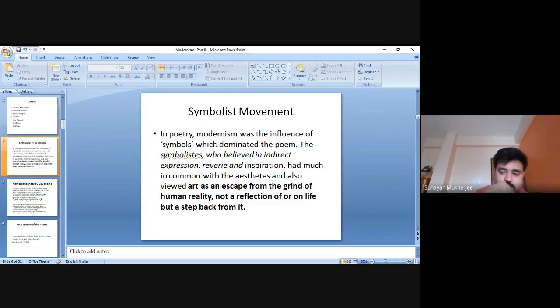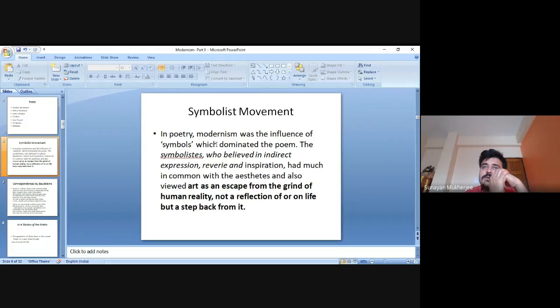Why? Because the symbolists believed that art should not convey reality, but should step away from it. It is a sort of escape from reality, and for that we need to use a lot of symbols in the poems.